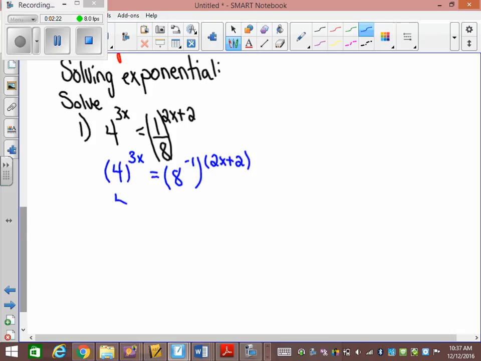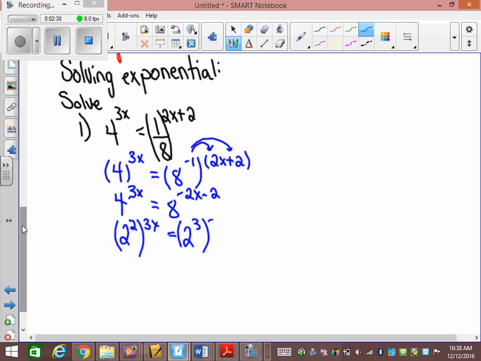So I'm going to get 4^(3x) equals 8^(-2x-2). Then converting it to base 2. So 4 is 2 squared, to the 3x. 8 is 2 cubed, to the negative 2x minus 2.